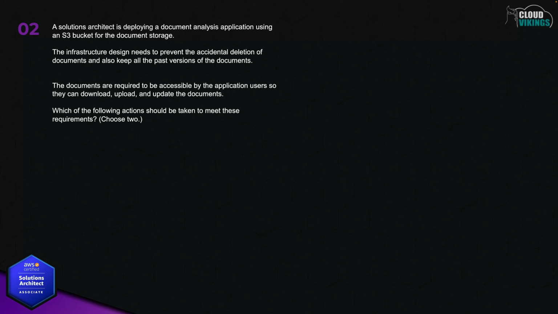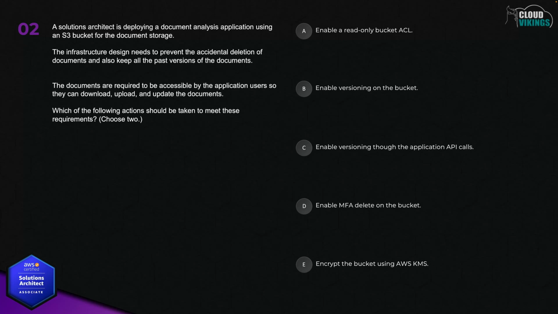Choose 2. Our options are A, enable a read-only bucket ACL, B, enable versioning on the bucket, C, enable versioning through the application API calls, D, enable MFA delete on the bucket, or E, encrypt the bucket using AWS KMS.